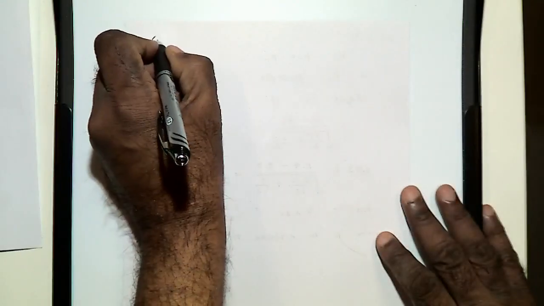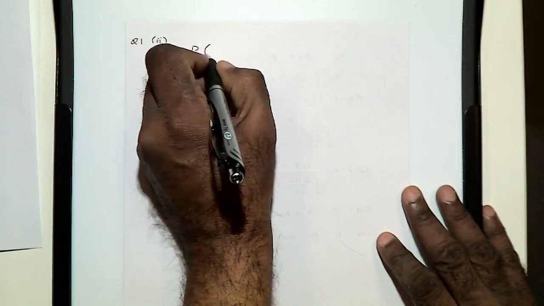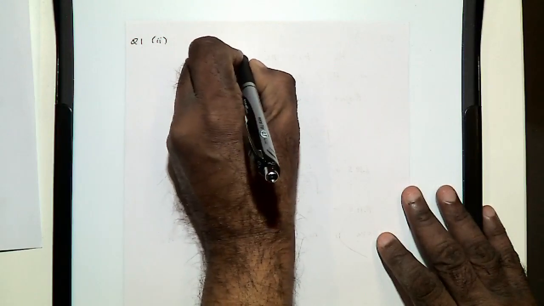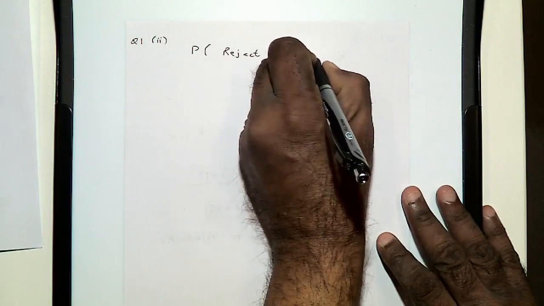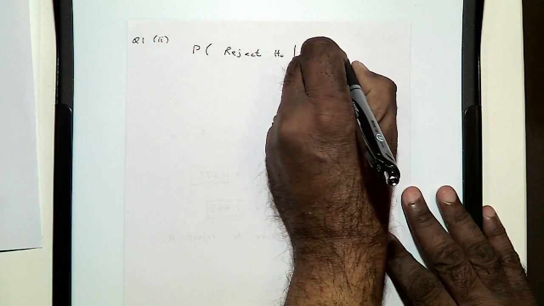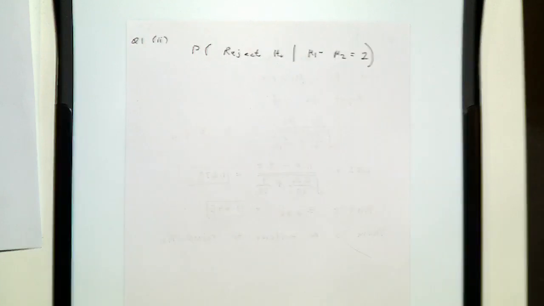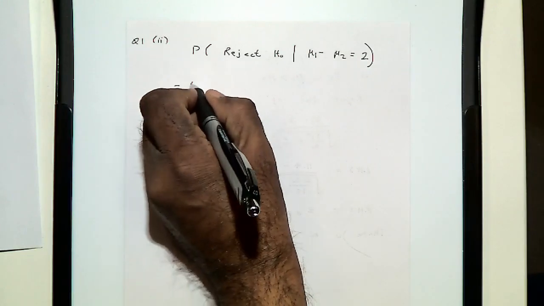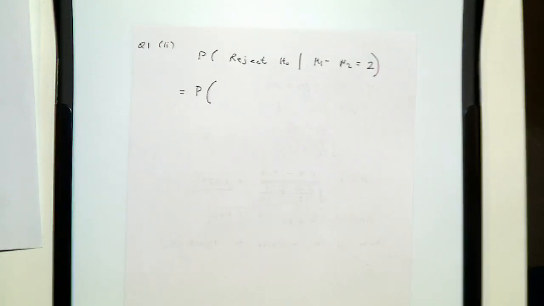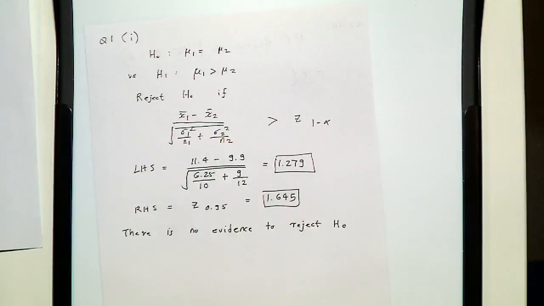Part 2 of question 1. We want to find the probability of rejecting H0 when the true difference between mu1 and mu2 is equal to 2, right? Now, we know that this is the rule for rejecting H0, guys. Right? So let me write it down one more time.